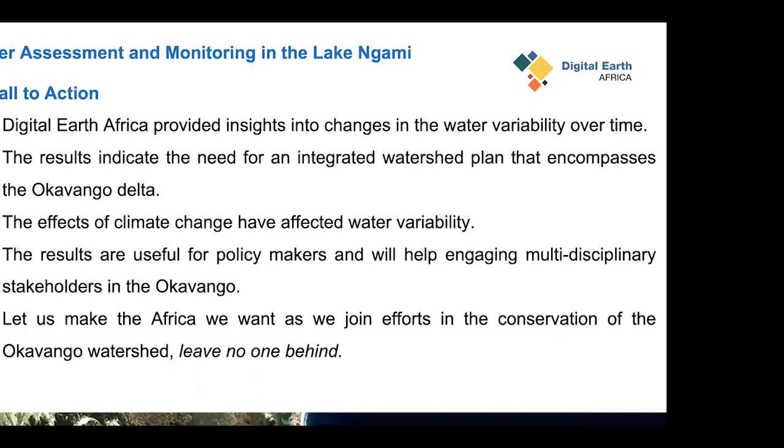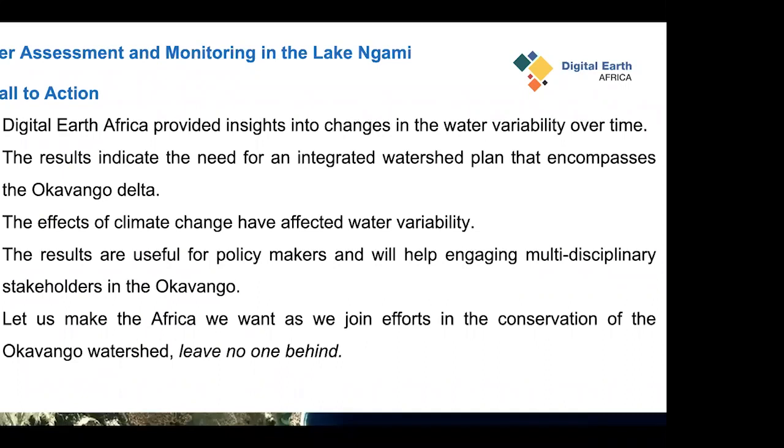Having these results, we'll be able to present them to policymakers so that they can engage with stakeholders within this area. Not only is this for Lake Ngami, but any water body within the African continent will be able to use this system to do the monitoring, just as we did for Lake Ngami.